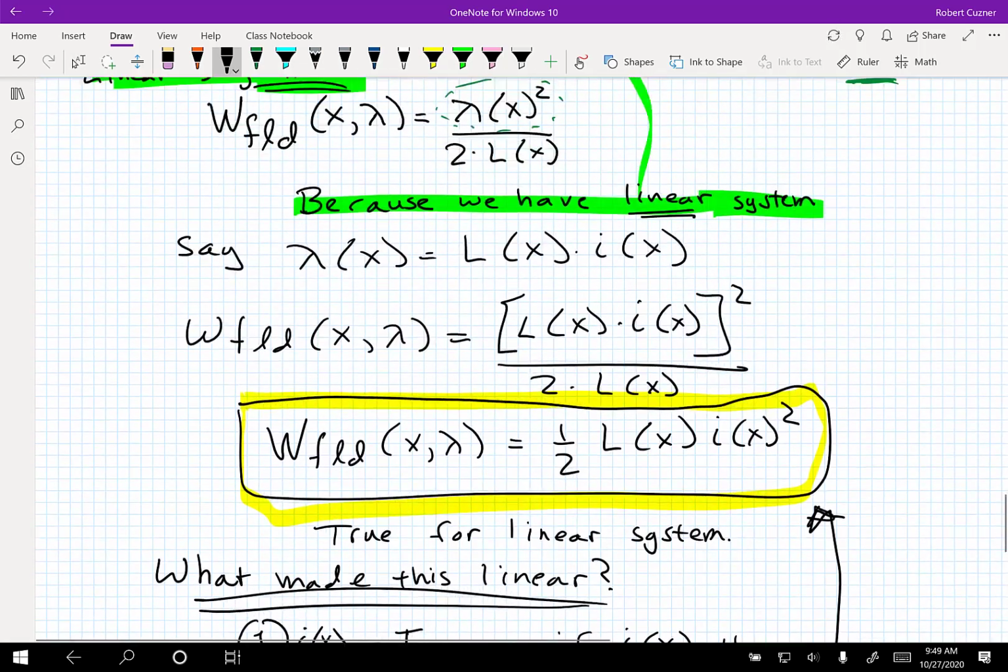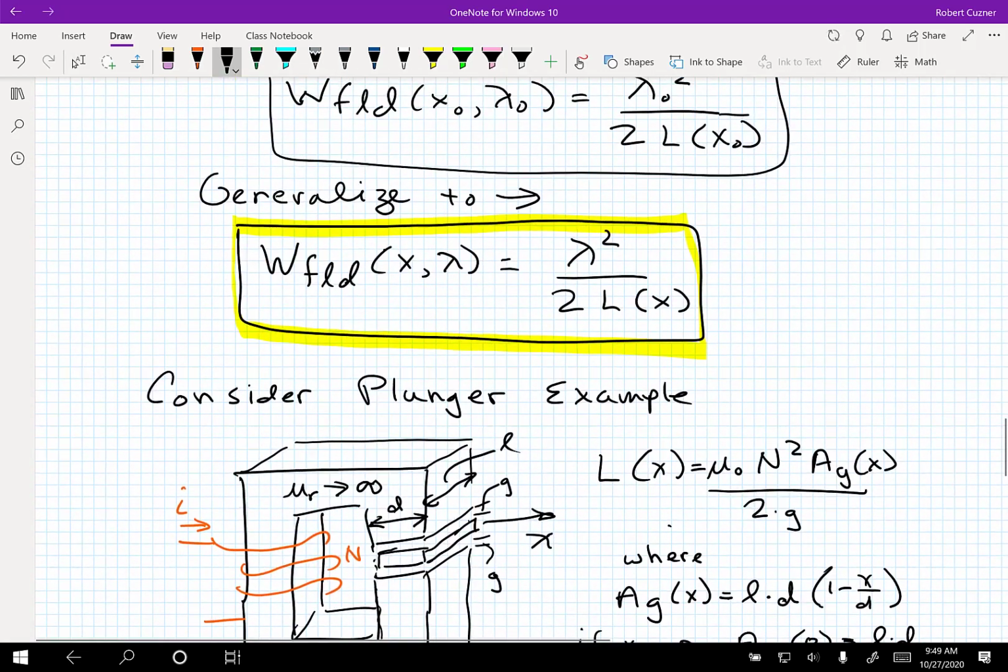You would have to go back and use this expression. So this is the general expression, and if we have time, we can give you an example of this. So this is for all cases, linear and nonlinear.